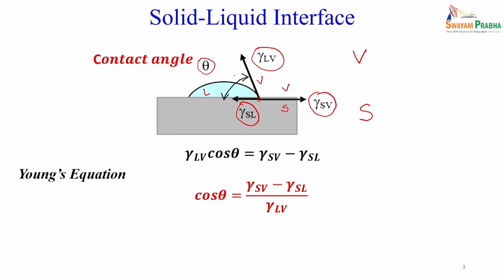If you go for a simple force balance, we get gamma solid vapor equal to gamma solid liquid plus gamma liquid vapor cos theta.